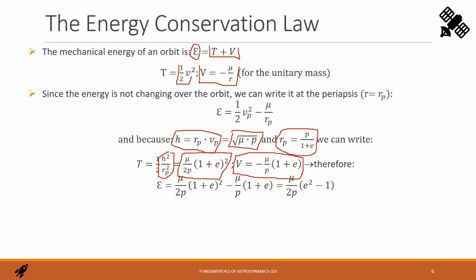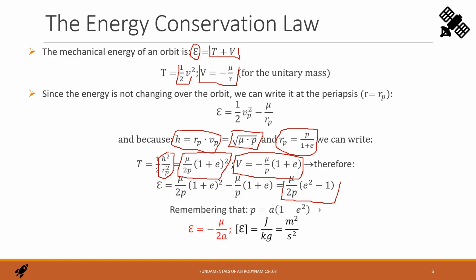If we sum them together, we get, for the mechanical energy, this expression. And remembering that p is a times 1 minus e squared, we get a very simple formula: mechanical energy equals negative mu over 2a. And this is valid for any orbit.